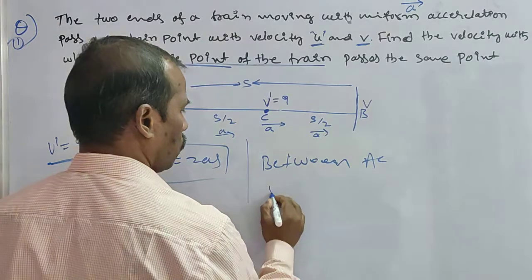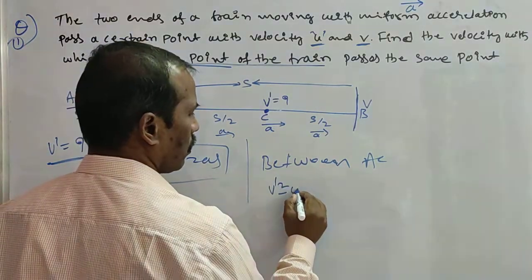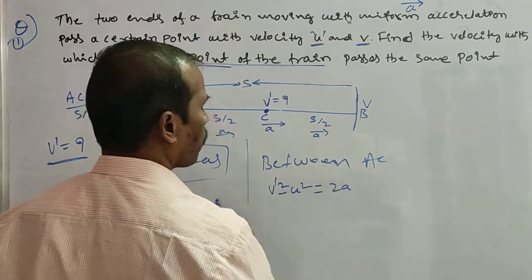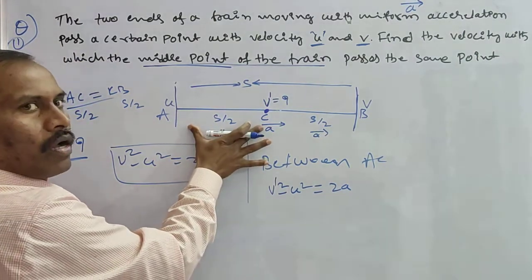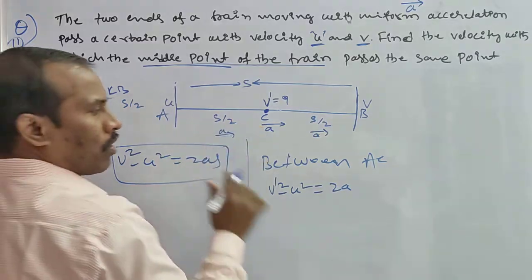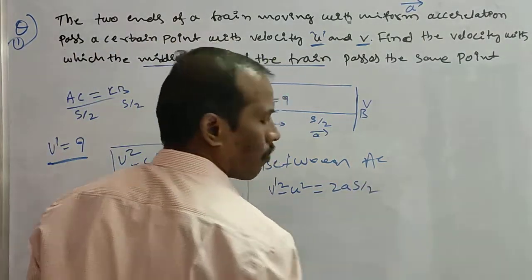So v prime square minus u square is equal to 2a times S by 2, where S by 2 is half of the length of the train. Equation 1.